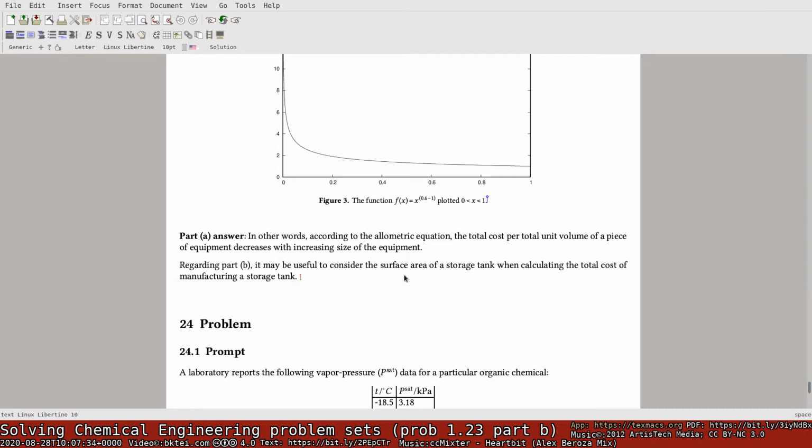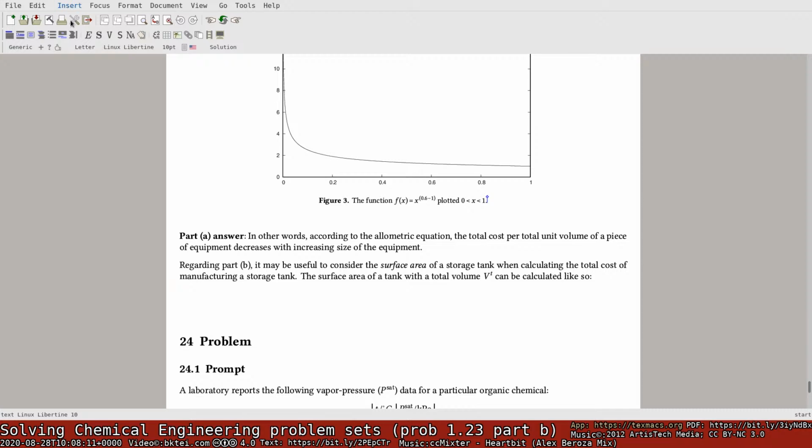The surface area of a tank of total volume VT can be calculated like so.